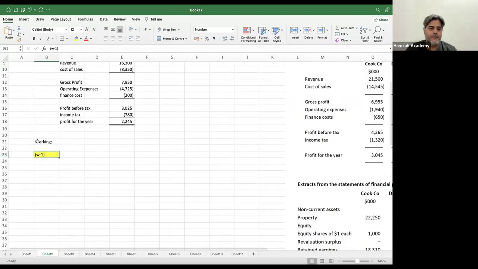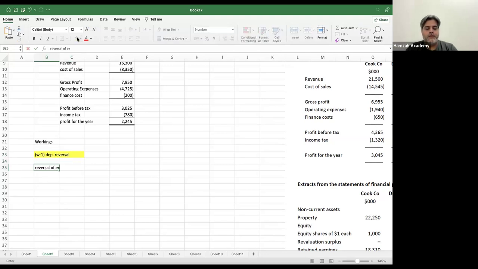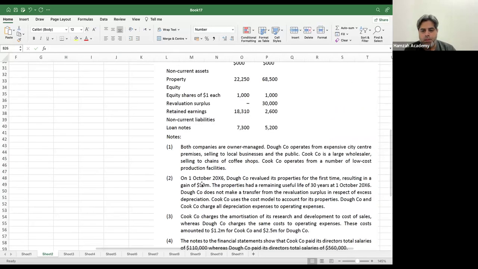So it is going to be a depreciation reversal, is what I'm going to call it. The reversal of excess depreciation that we need to do is going to be 30 million, but we are in thousands, so 30,000.